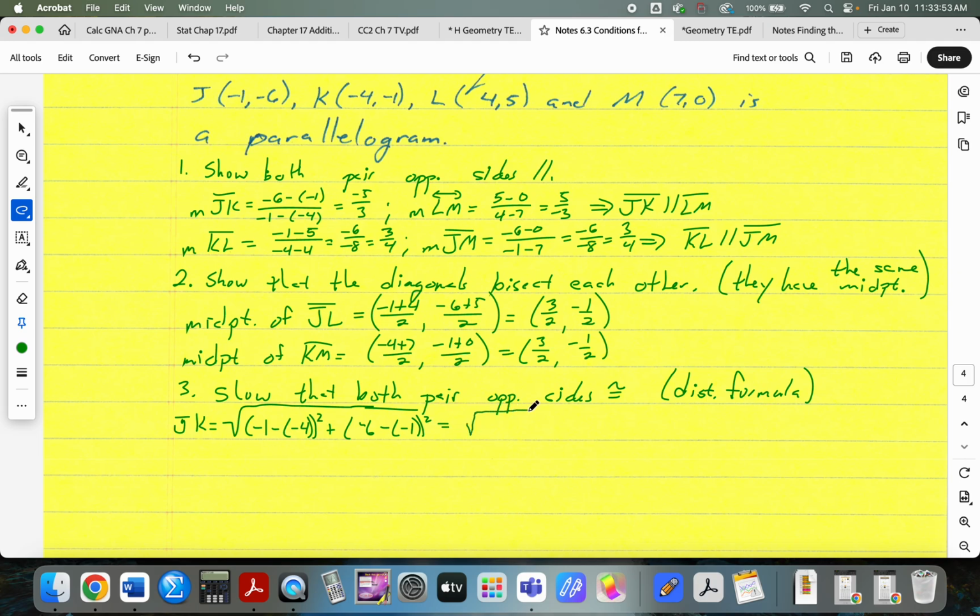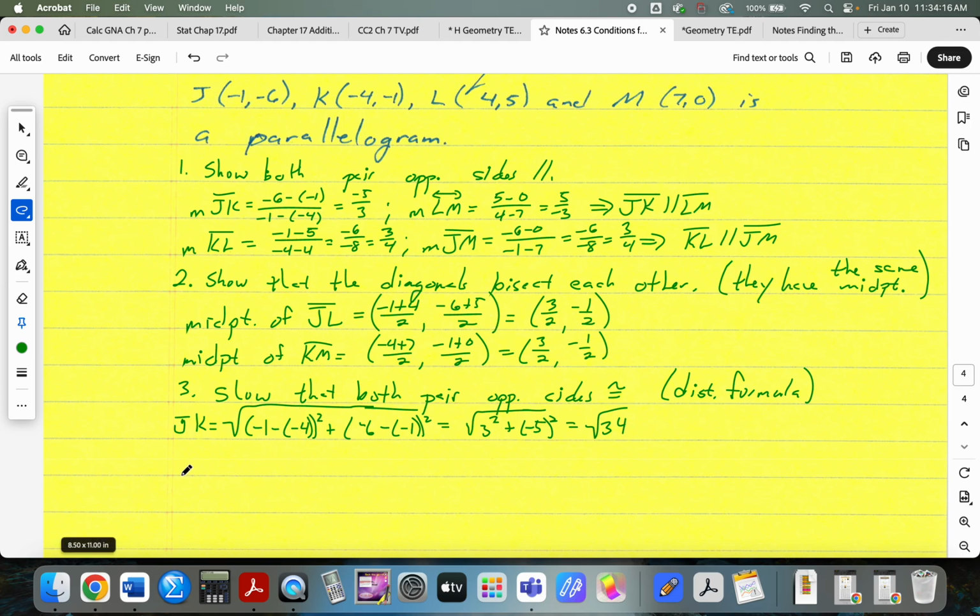That'll be the square root of 3 squared plus negative 5 squared. That's 25 and 9, so the square root of 34. You don't need to attempt to simplify these because we're just comparing them.